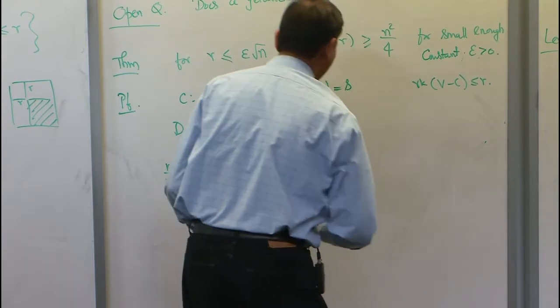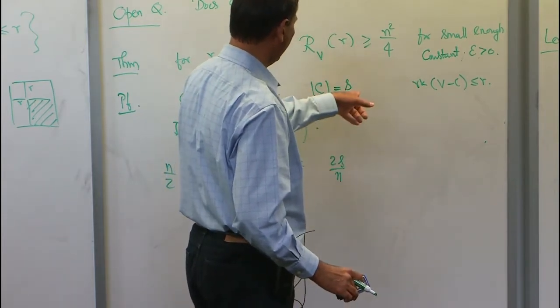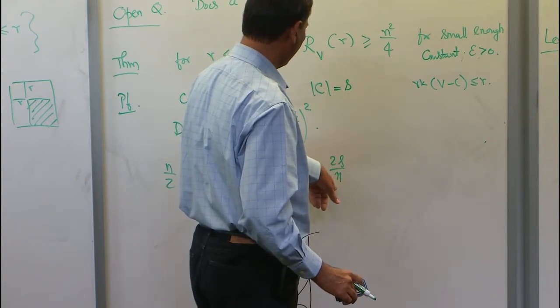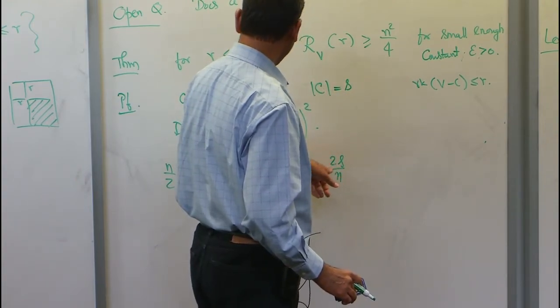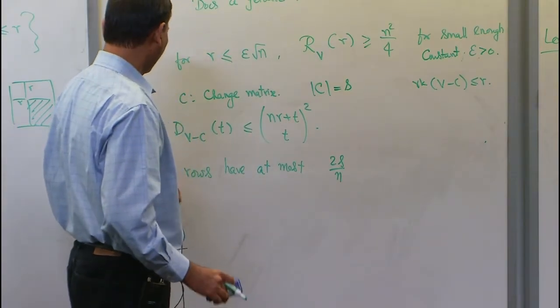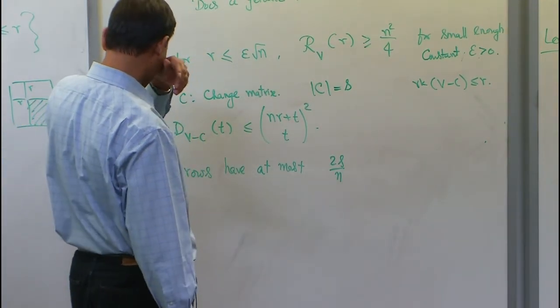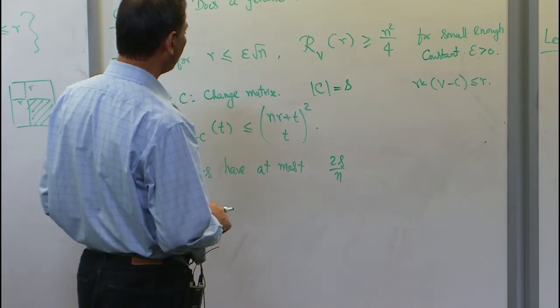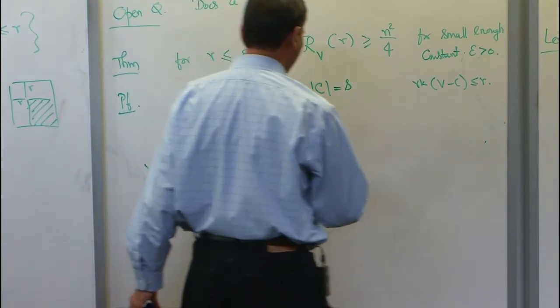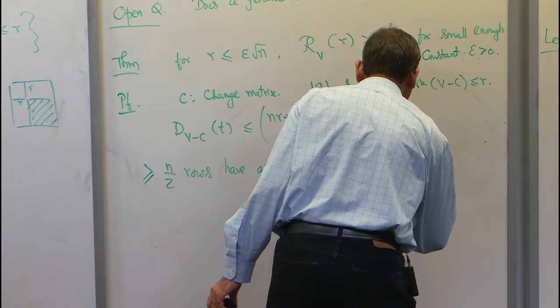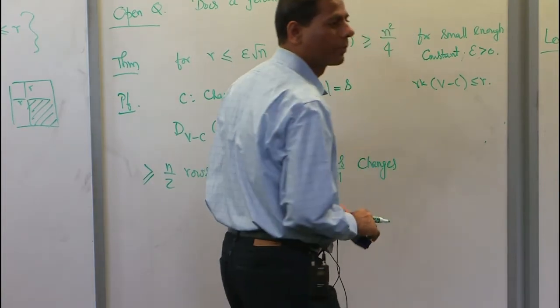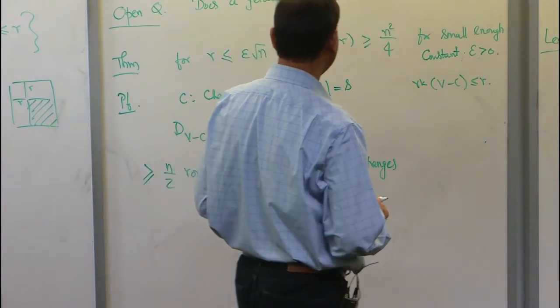The average number of changes per row is S over n, since S is the total number of changes. So if you take twice the average, you get at most 2S over n changes in at least n over 2 rows.